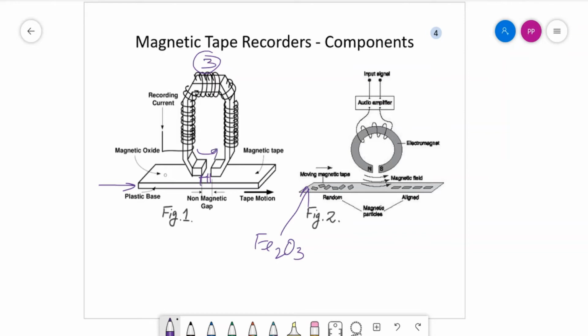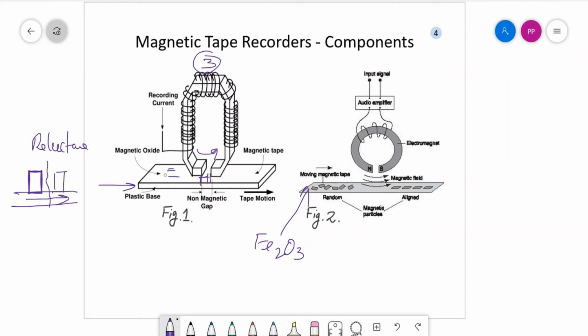As we know, if there is a gap in the path of a magnetic core, this offers very high reluctance. This reluctance is shunted by the tape over here. The tape is shunting the reluctance when it is moving or passing by this head.